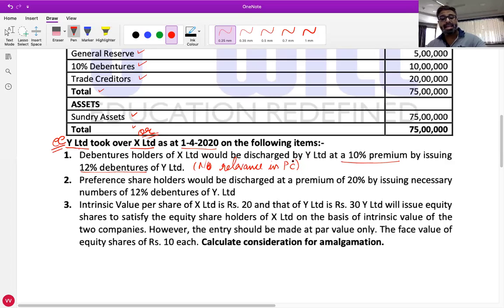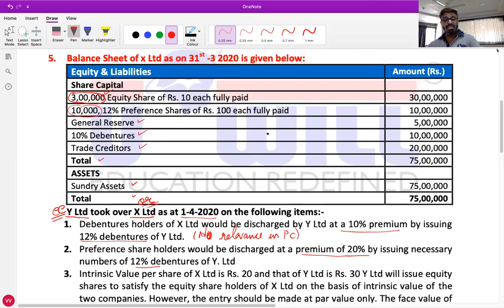Yes, it would come in the transferee company's books in the last journal entry, old debentures account debit to new debentures account, but no relevance in purchase consideration. Further, preference shareholders would be discharged at a premium of 20% by issuing the necessary number of 12% debentures of Y Limited. What are preference share capital?